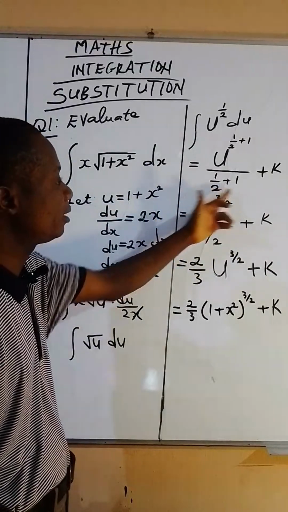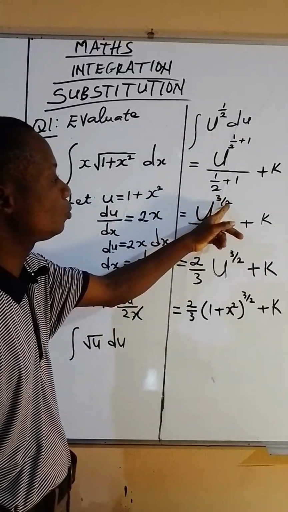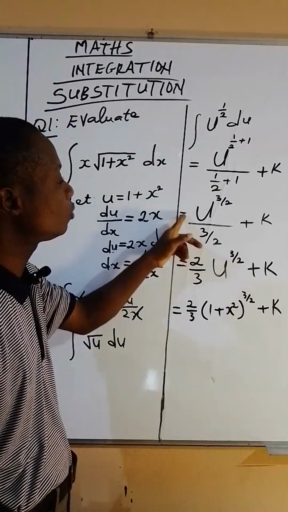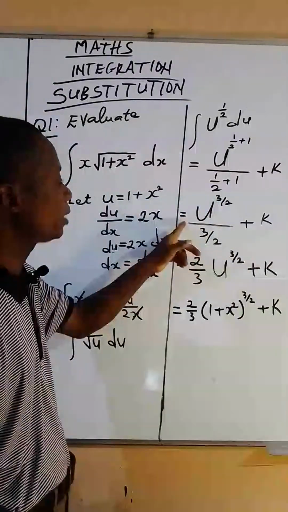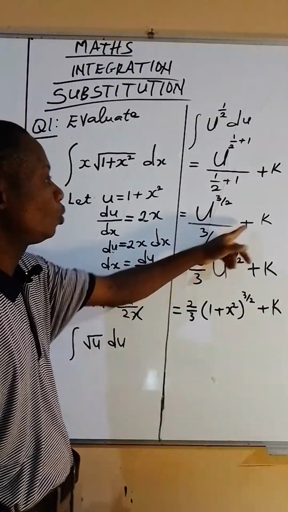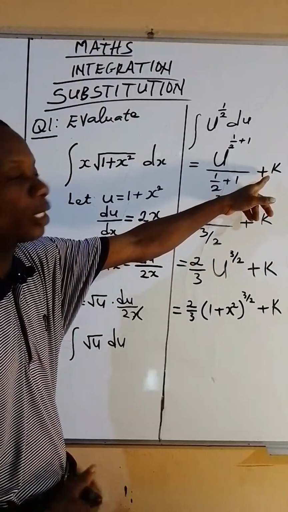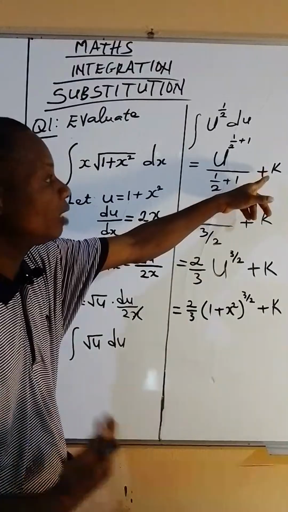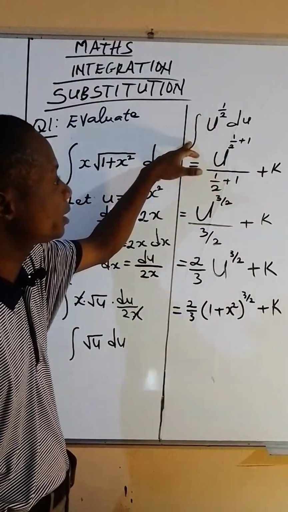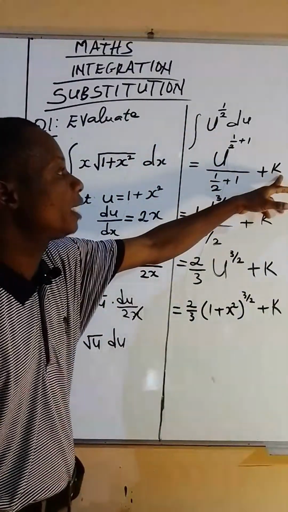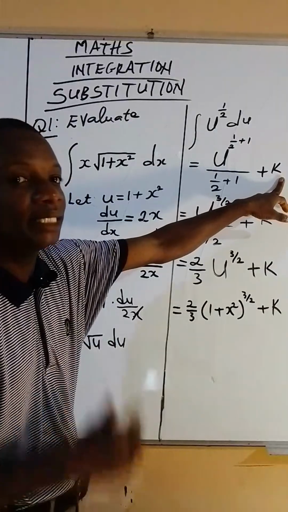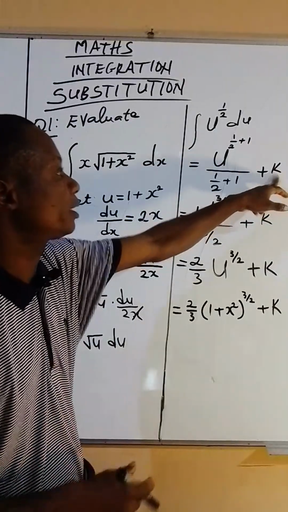Finally, we get u raised to 3 over 2, divided by 3 over 2, plus k. K is the arbitrary constant. Whenever we integrate any indefinite integral, we add k to it.